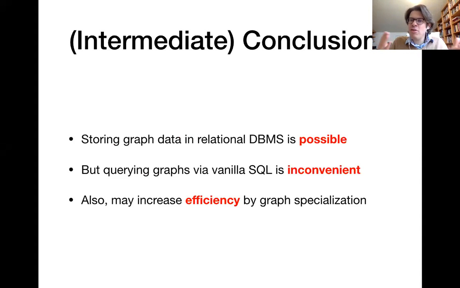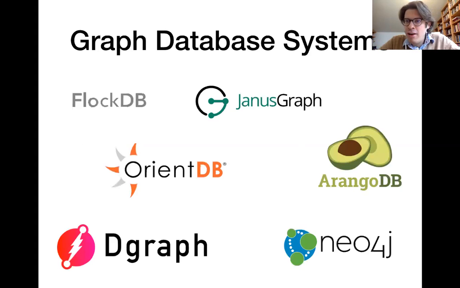So there are a couple of motivations why we might want to look at systems that are specialized to graph data. And there have been quite a few systems proposed. Here you see logos of some of those systems, but that's only a subset.